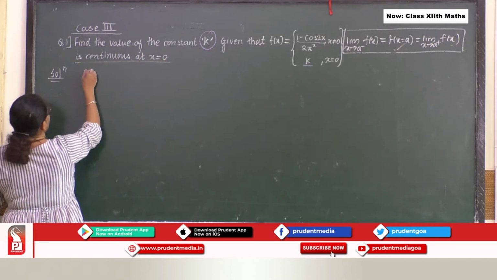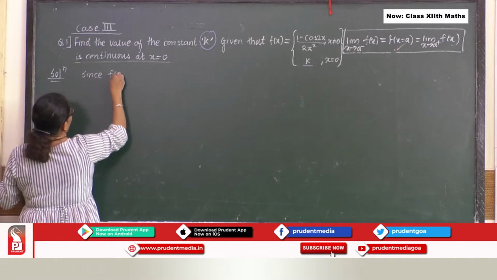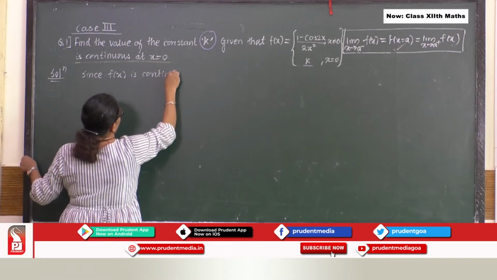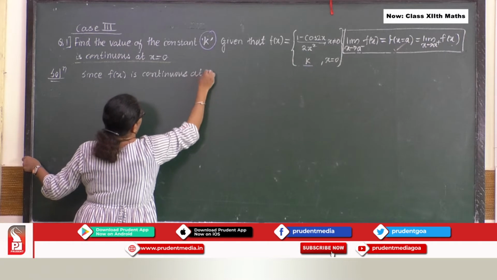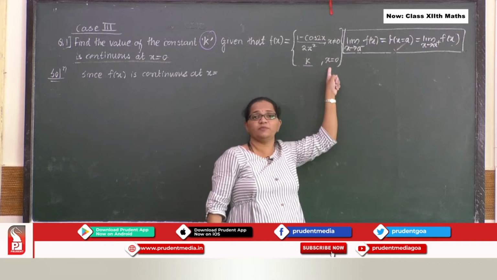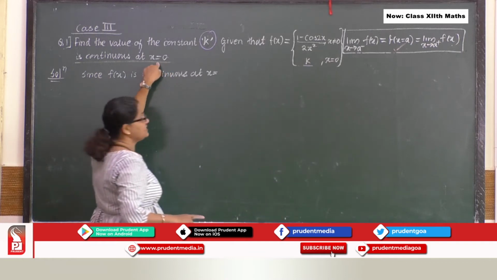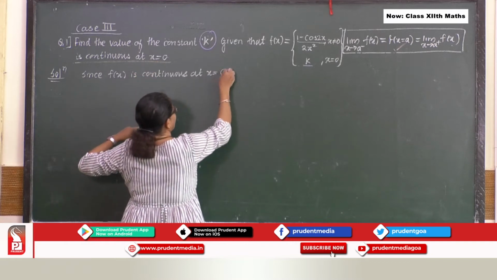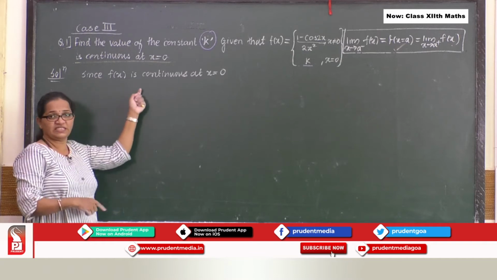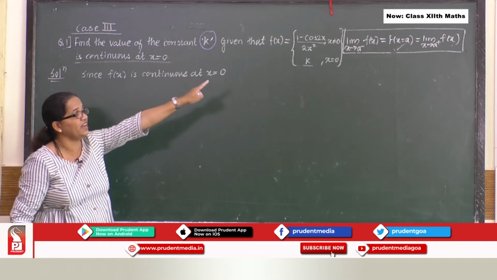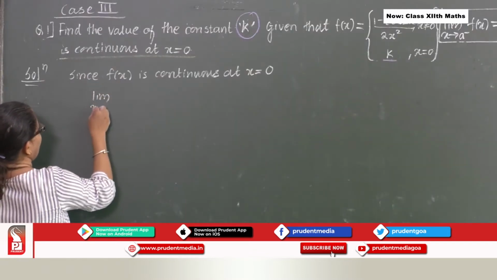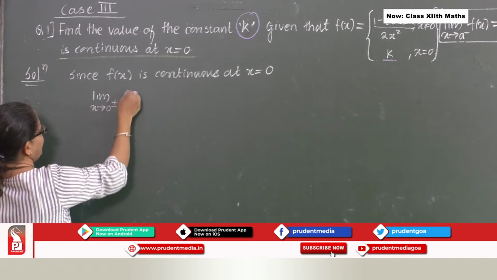So I will say since f of x is continuous at x equal to 0. Look at the critical points. Which are the critical points over here? 0. And they are saying it is continuous at x equal to 0. So obviously when it is continuous, it satisfies the equality: limit x tends to 0 plus or minus f of x.